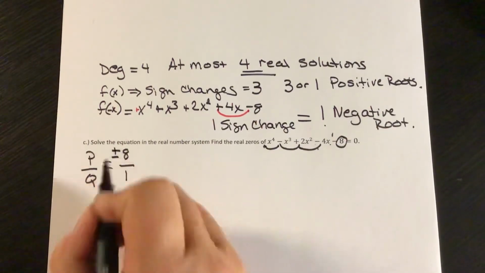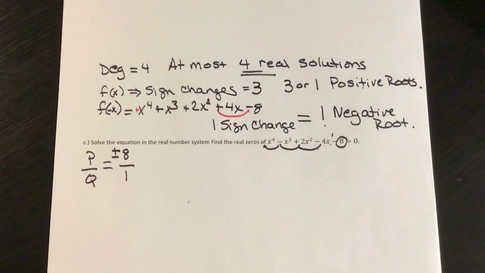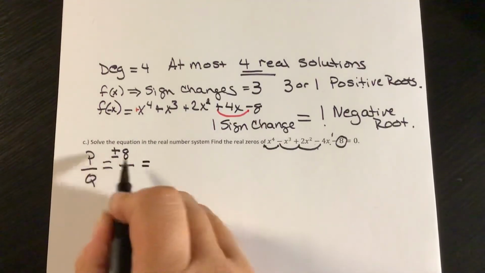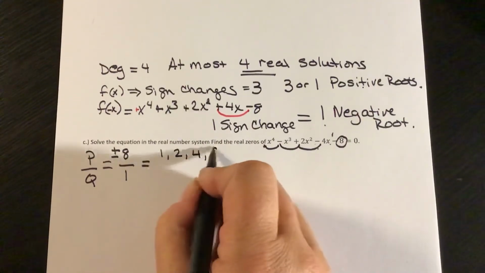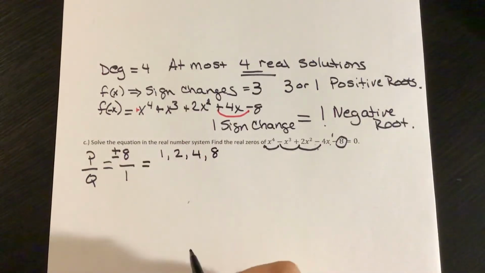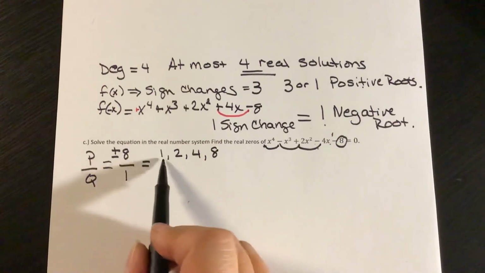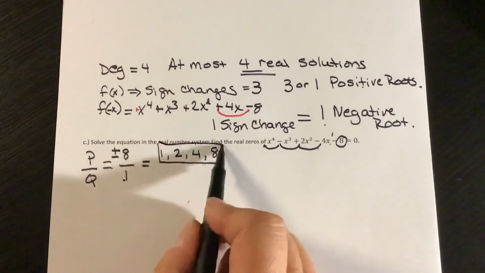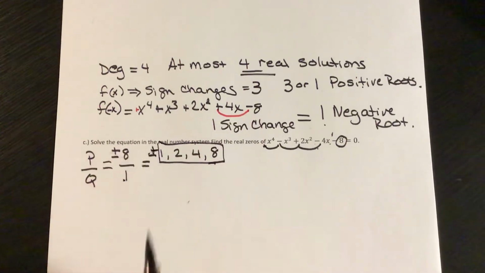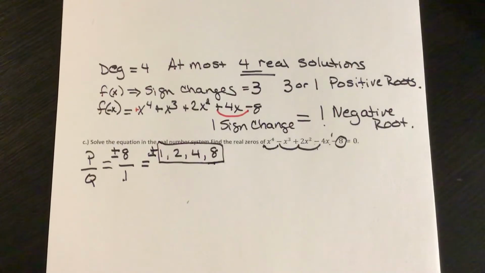Now this could be positive or negative. Factors of 8 are 1, 2, 4, and 8. So I'm going to divide by 1. So these are my possible zeros, potential zeros.